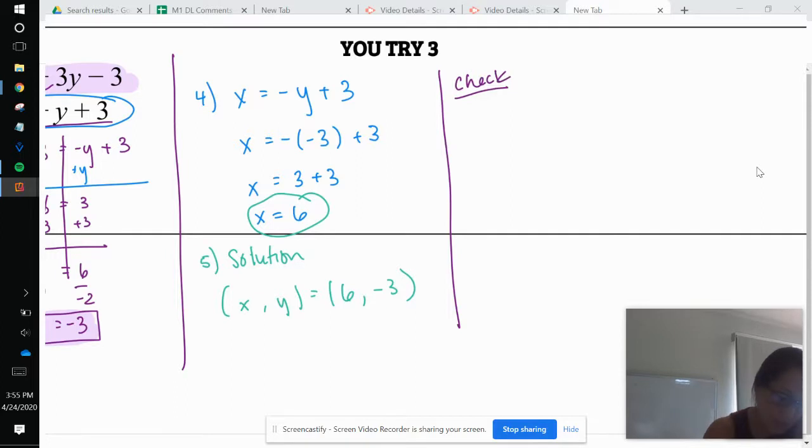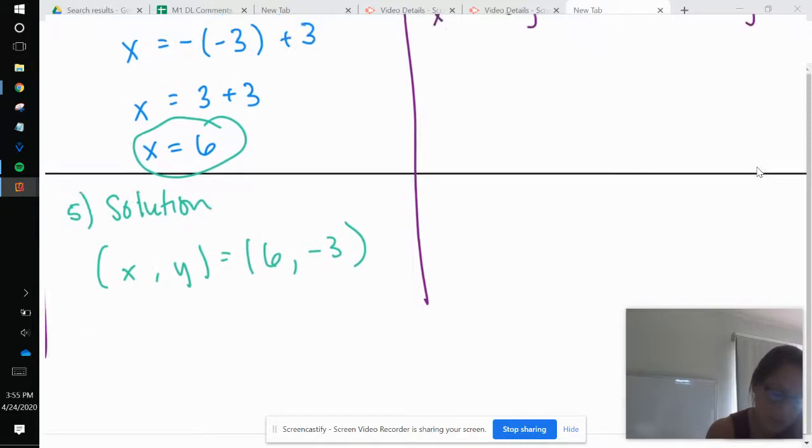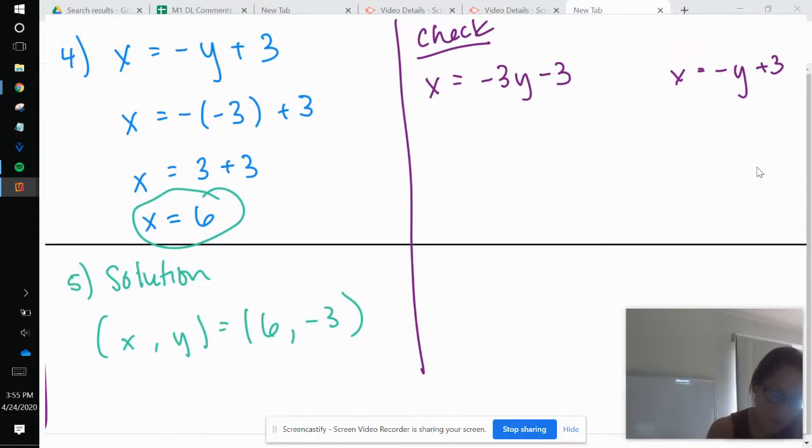Our two equations are x is equal to negative 3y minus 3, and x is equal to negative y plus 3. We're substituting 6 for x and negative 3 for y. So 6 is equal to negative 3 times negative 3 minus 3. That's a lot of 3's.